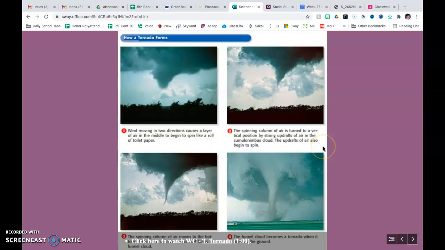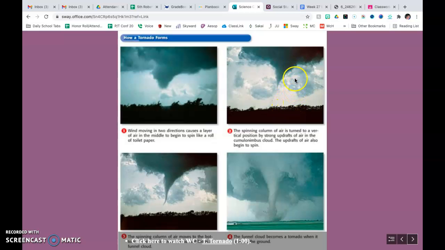So here we have how a tornado forms. First of all, you've got wind moving in 2 different directions. It causes a layer of air in the middle to begin to spin like a roll of toilet paper. Okay? And then the spinning column of air is turned from this horizontal position to a vertical position by strong updrafts.